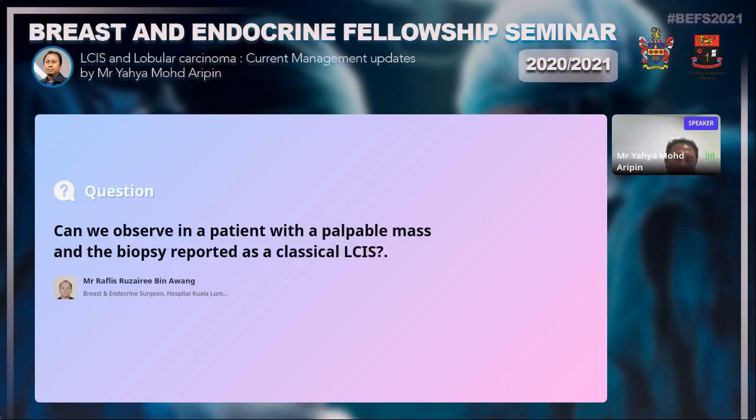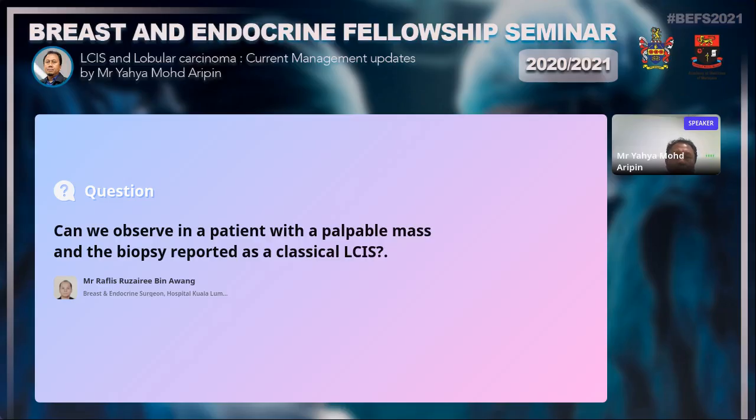Can we observe a patient with a palpable mass whose biopsy is reported as classical LCIS? This is a typical radiological-histological discordance. Histology said classical, but when you palpate the patient, there is a mass.